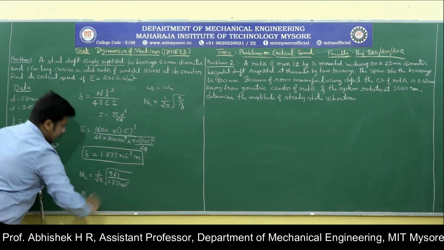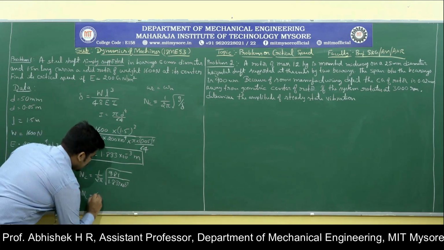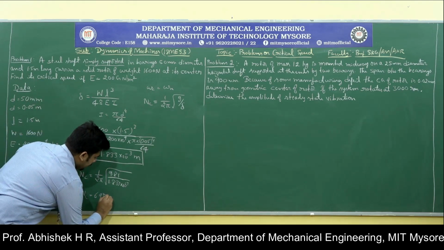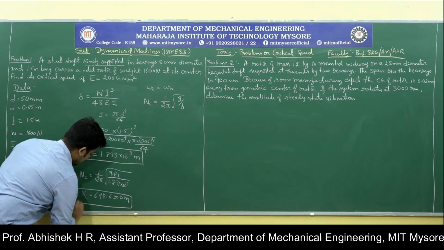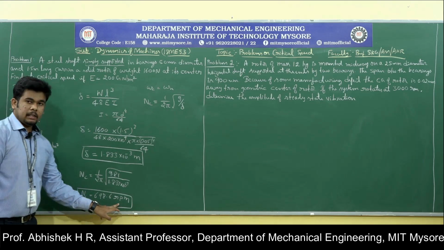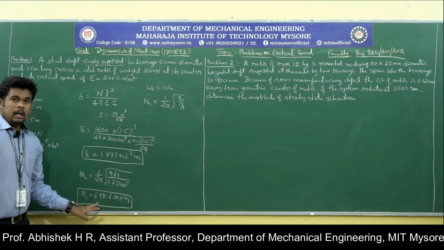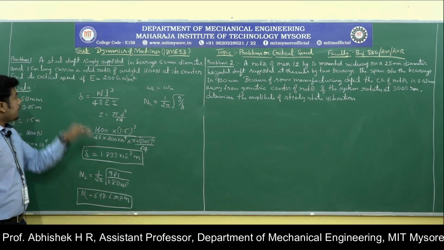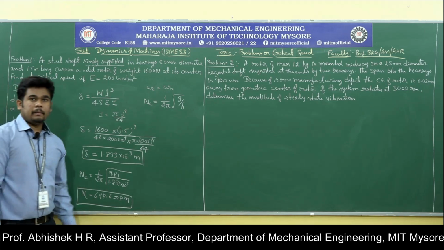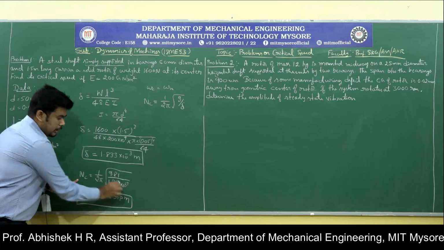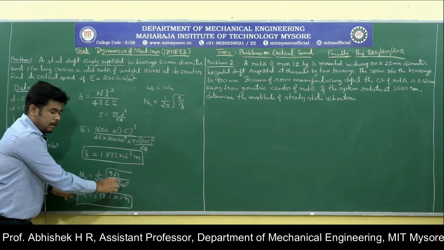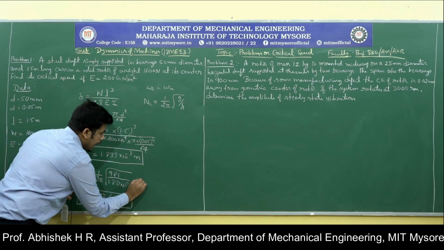So Nc is equal to 698.6 RPM. This is the critical speed that we have to find out from this statement. This is in RPM, but according to this formula, if you simplify this answer, you will get the answer in RPS.